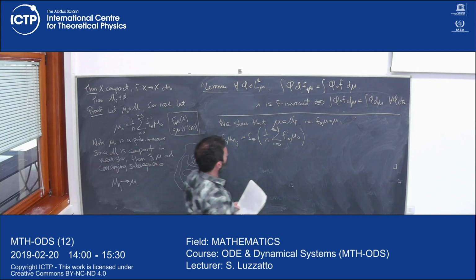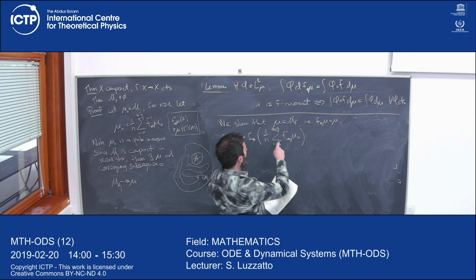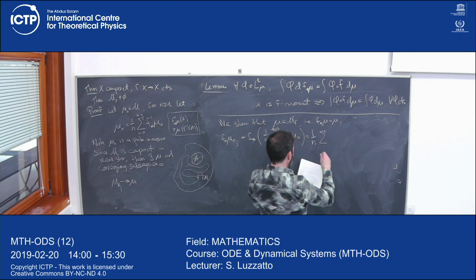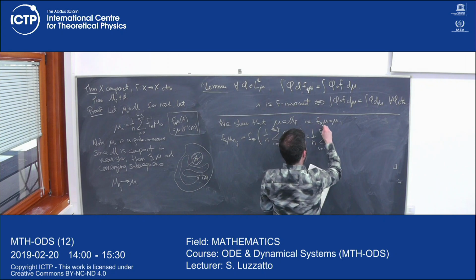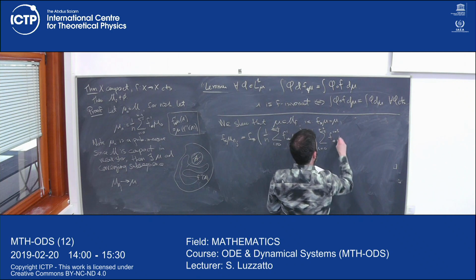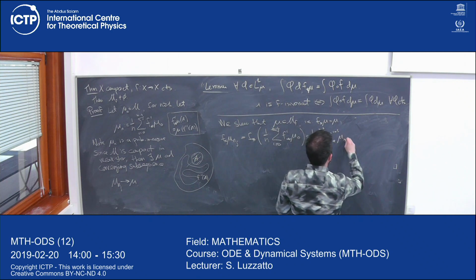And this F star, it's easy to check that this can come inside, so this is just equal to 1 over n, the sum i equals 0 to n minus 1 of F i plus 1 star of mu 0.